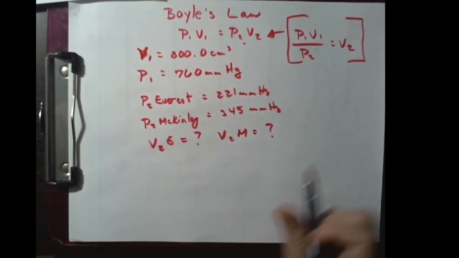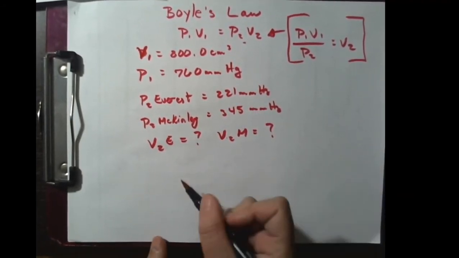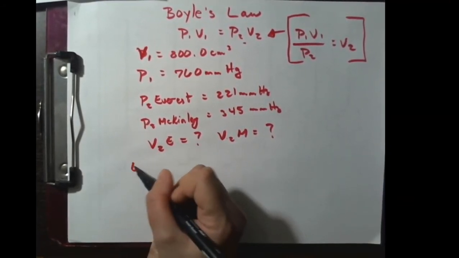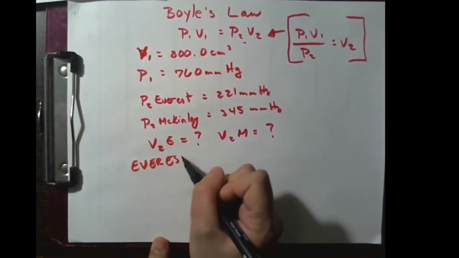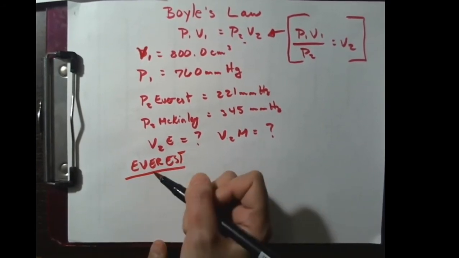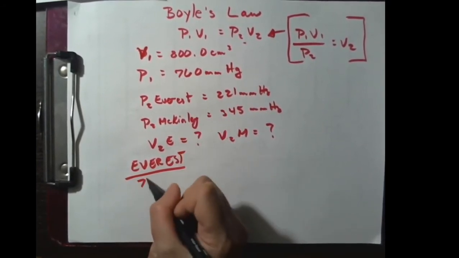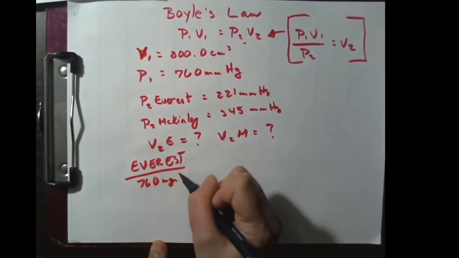Okay. Now it's just a simple matter of plugging in variables. So for Everest, our P1 originally was 760 millimeters of mercury.